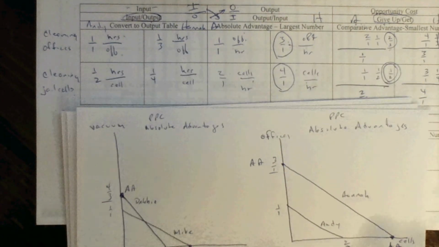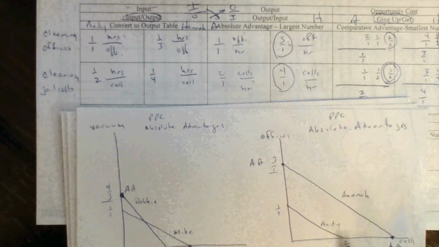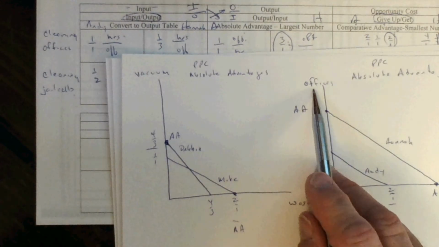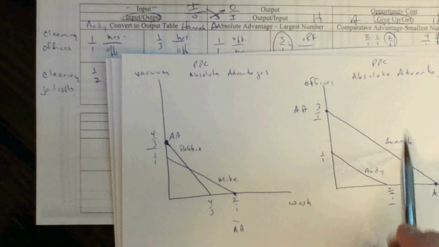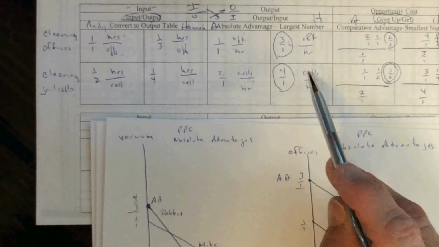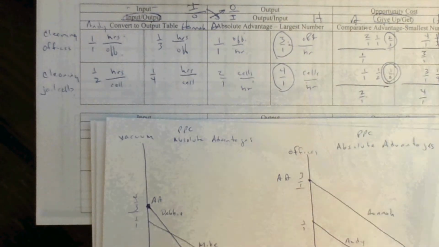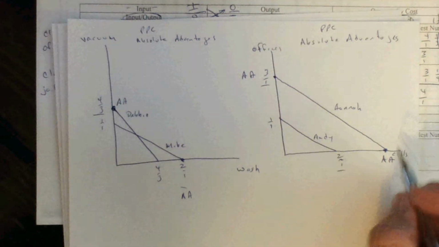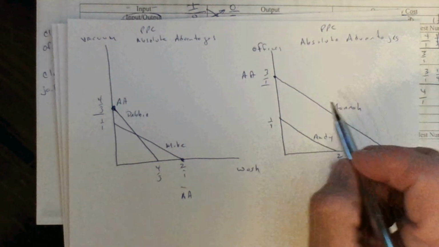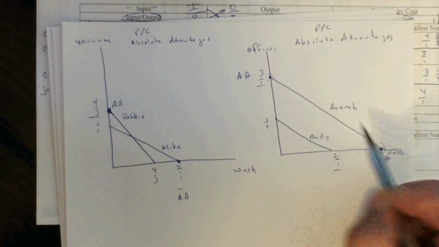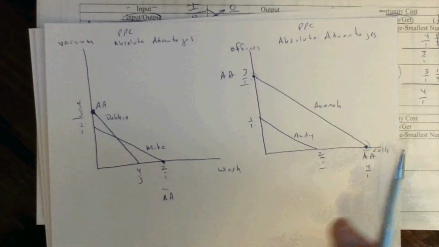Hannah could do 3 offices per hour. So go to the offices line, put in 3 for Hannah. And she could do 4 cells in an hour. So we put that over here. You can see that Hannah has an absolute advantage in terms of offices and cells, but she won't be cleaning both.